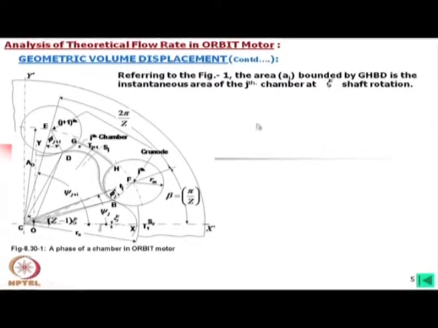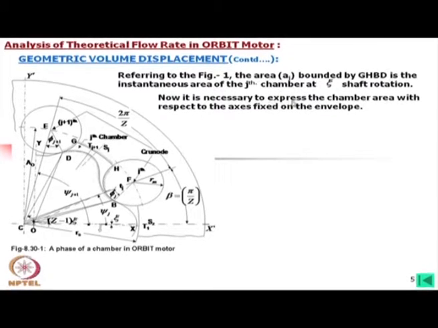Now, in the next slides, referring to this figure, the area A j means the area of the jth chamber at an instant when it has rotated by any angle. It is bounded by the area GHBD. Now it is necessary to express the chamber area with respect to the axis fixed on the envelope.